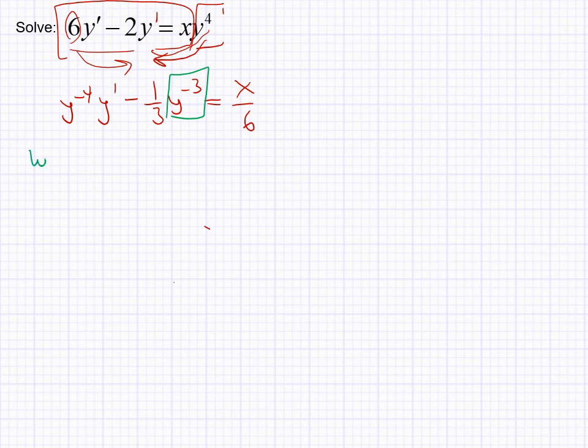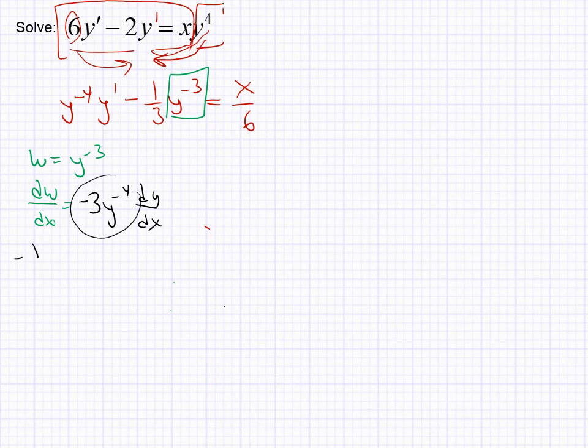So I say w equals y to the negative 3 this time. Then dw/dx is going to be negative 3y to the negative 4 dy/dx. I have to move this to the other side, which gives me negative 1/3 y to the fourth dw/dx equals dy/dx.